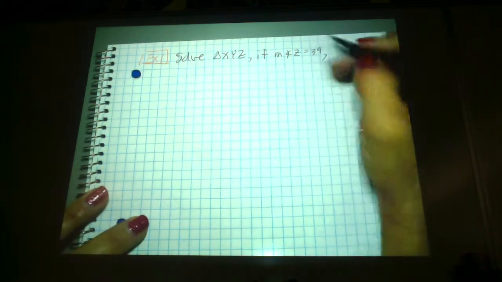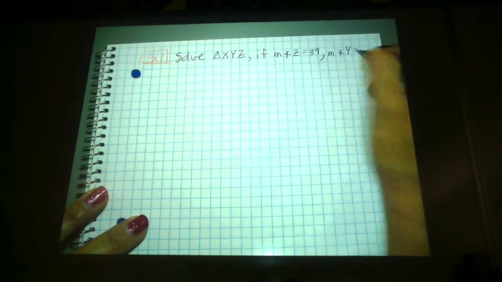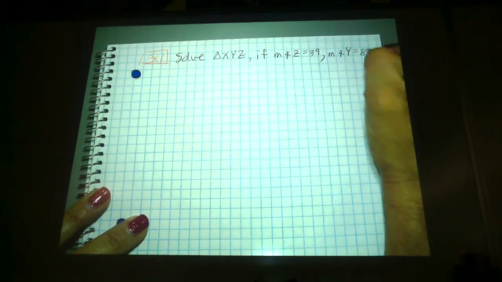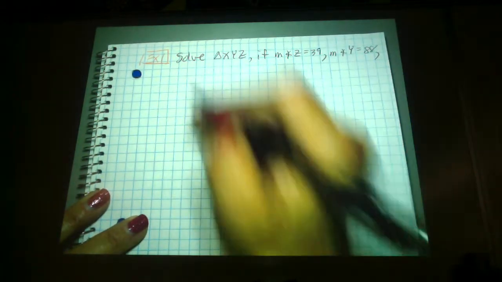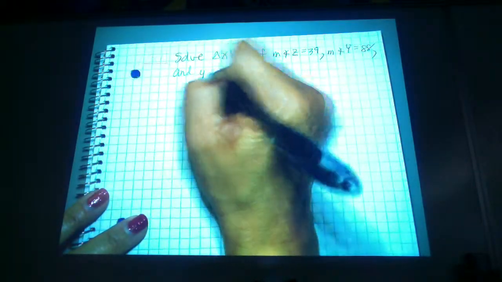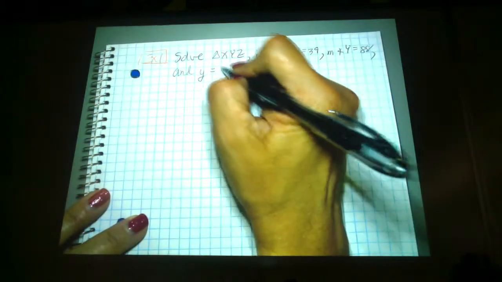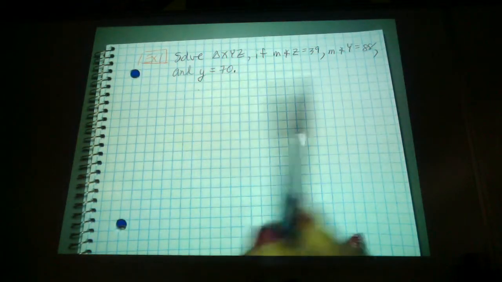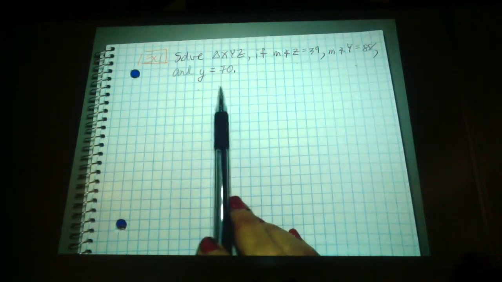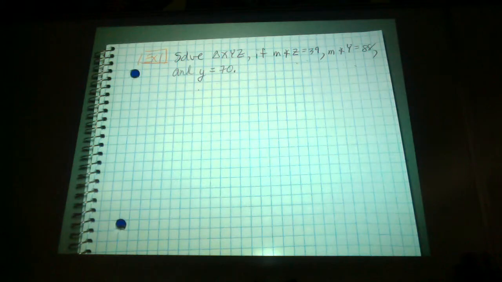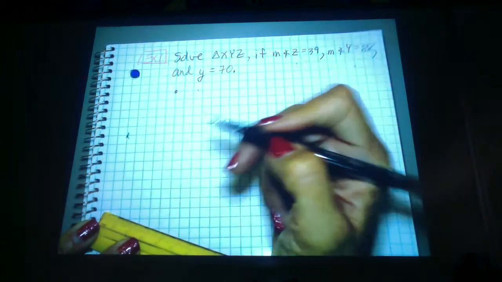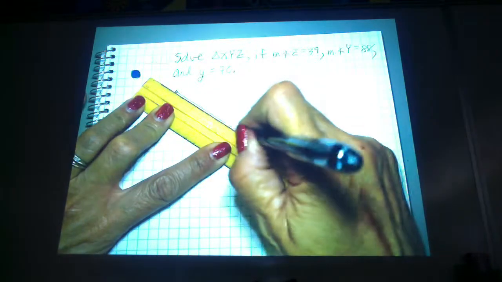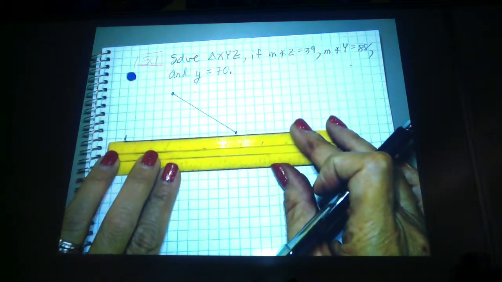The measure of angle Y is equal to 88, again in degrees, and lowercase y is equal to 70. So lowercase y implies that you are given a side length of the triangle. And I have 2 angles and a side length, so that would be case 1. And you may or may not be given the triangle. If you're not given a picture of the triangle, then you just draw one, and you just kind of guess as to where the angles might be.